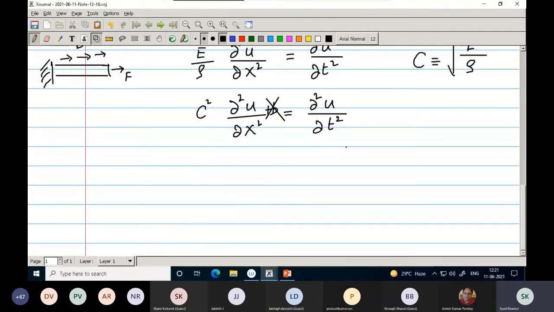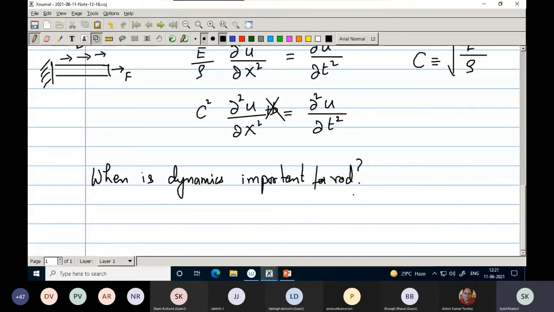Okay, so now the question is, when is dynamics important for a rod?